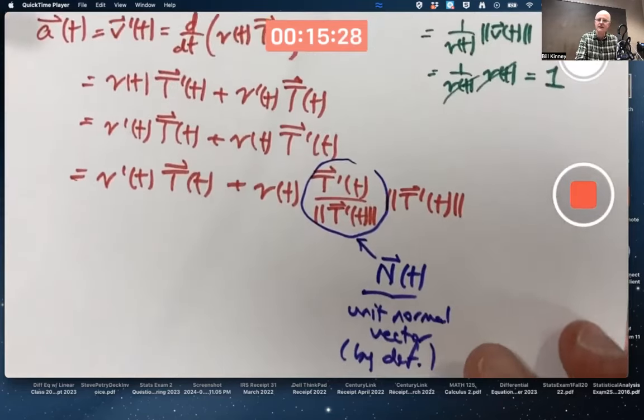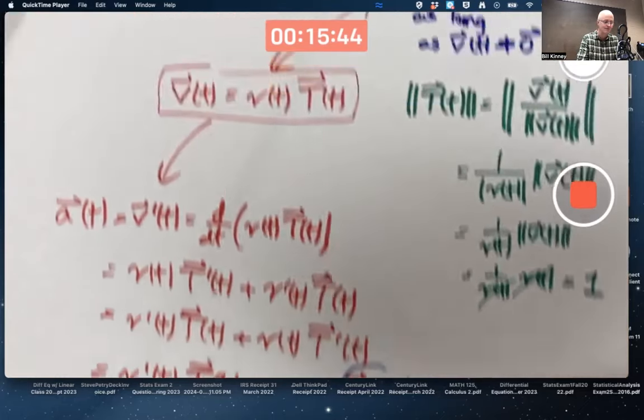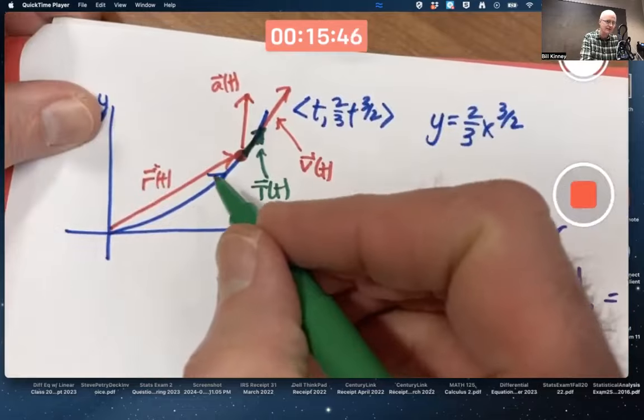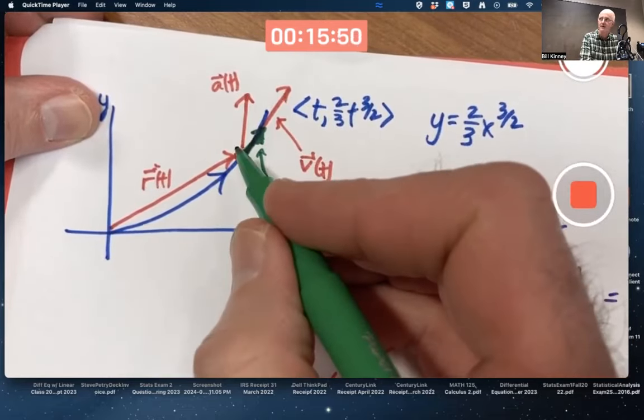It turns out to be a unit vector, length 1. It is normal to the curve, perpendicular to it, meaning it's also perpendicular to the unit tangent vector, capital T. And here's one other thing that you can't really tell just by looking at it. It points in the direction that the curve is curving as you move.